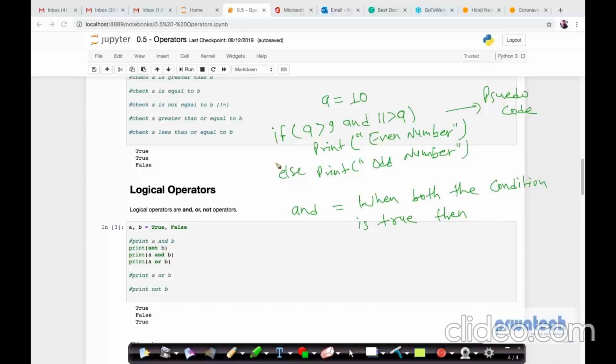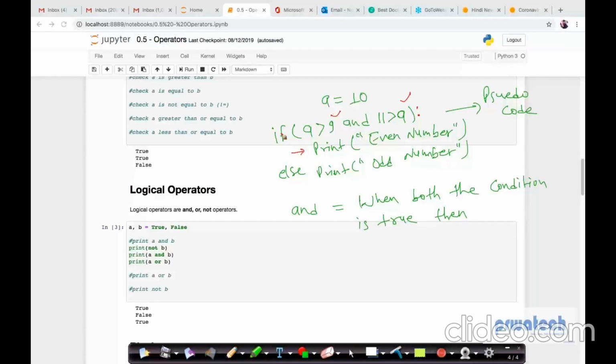So when I run this program in my Jupyter notebook, or maybe in PyCharm, it will check the first condition. This is true. This is also true. So when both the conditions are true, then it prints this value. It goes inside the condition. Suppose I'm giving a colon here. So when this condition is true, then only you go to this line.